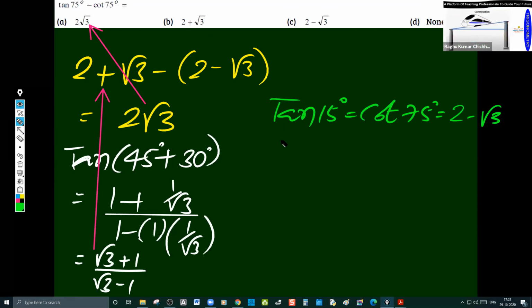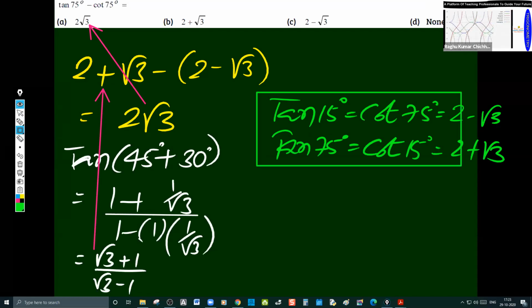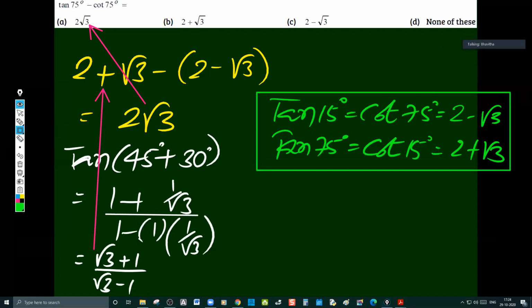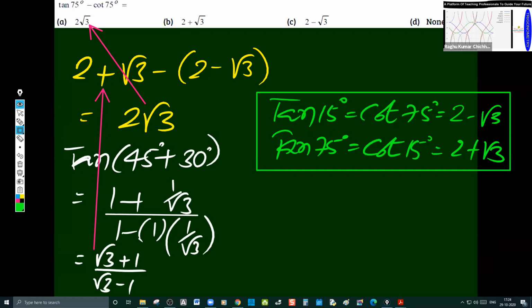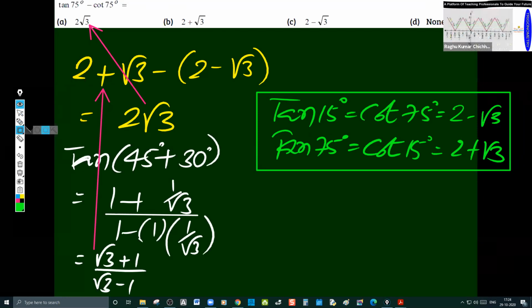Tan 75 is equal to cot 15, which is 2 plus root 3. The sum of these two angles is 90 degrees, so they are complementary angles. 15 and 75 are complementary angles. I hope I explained correctly and you understand this.